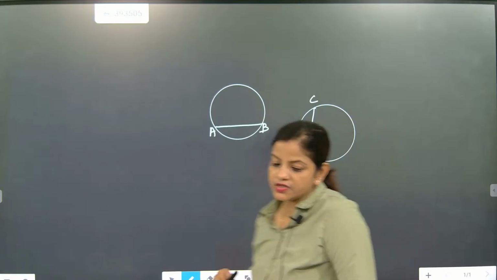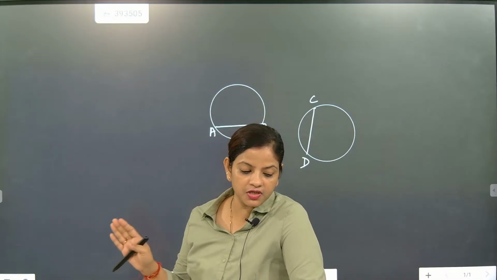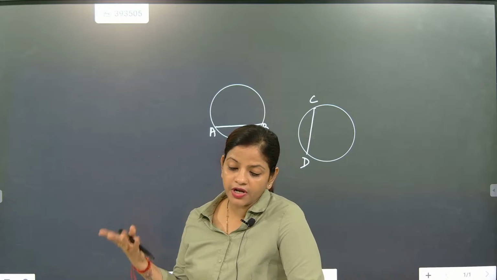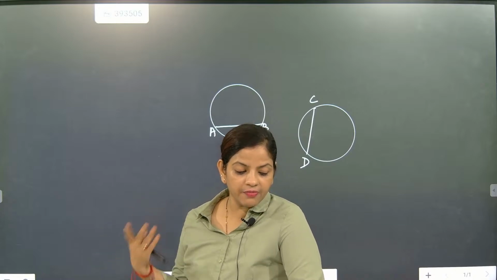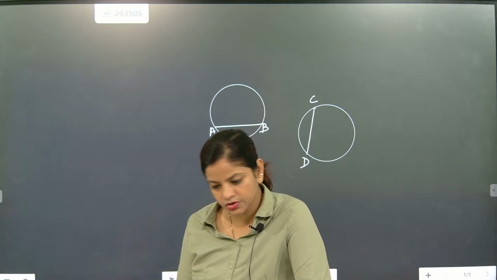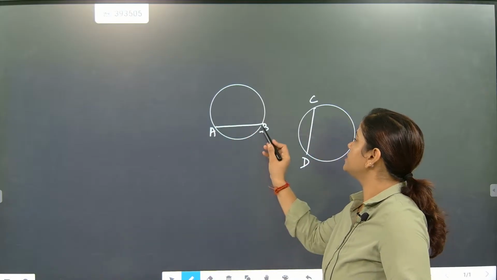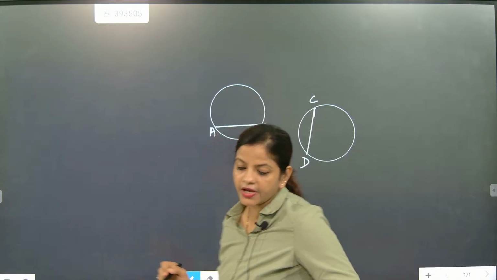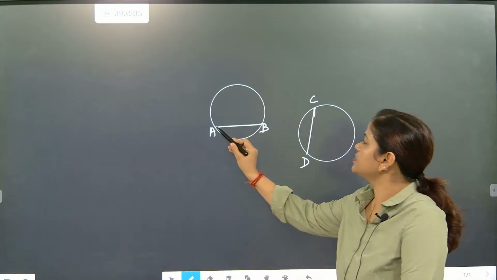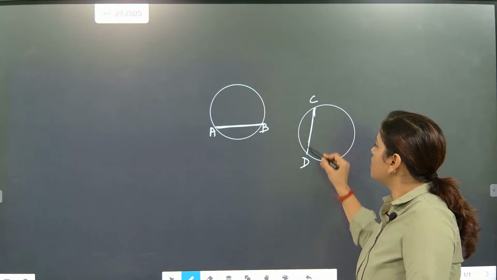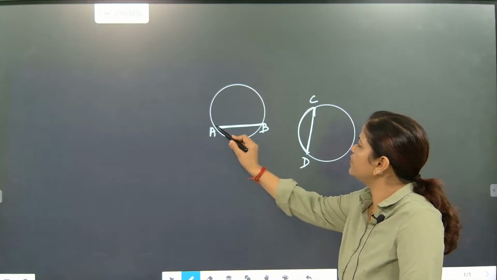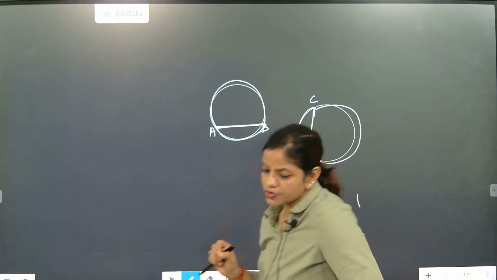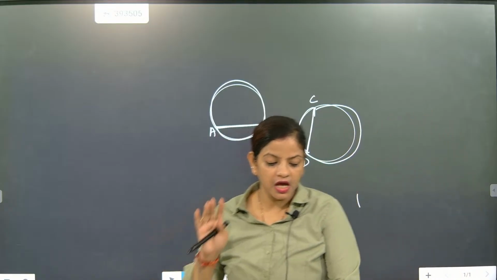If these two chords of a circle are equal, then their corresponding arcs, minor and major, will be congruent. If this chord length is equal to this length, then definitely the arcs will be congruent. So this chord is equal to this chord, which means this length will be equal to this length, and this length will be equal to this length. This is the most important thing about congruency of circles.